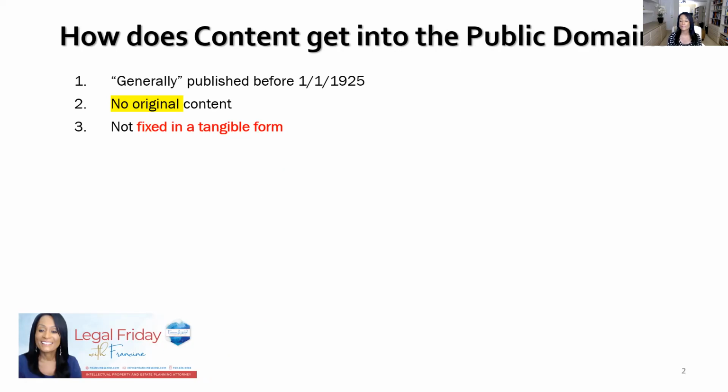Because there is no copyright protection. An example of something not in a fixed format is an idea. Ideas are never protected by copyright. Now, if you turn that idea into something tangible, some expression of that idea, and it's original, then that's protected by copyright. But otherwise, it's not protected and it's in the public domain.